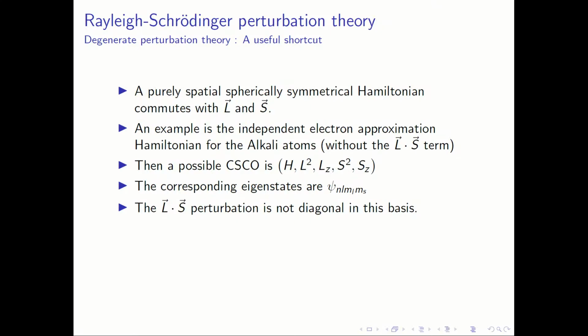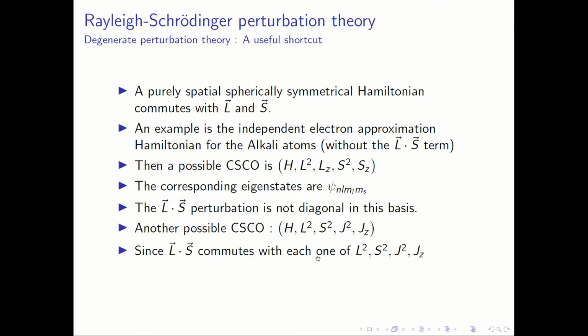In particular, it does not commute with Lz and Sz. But the other possible CSCO is made out of the Hamiltonian, L square, S square, J square and Jz, where J is of course L vector plus S vector, the total angular momentum vector, and we had already seen earlier that this forms a complete set of commuting observables.